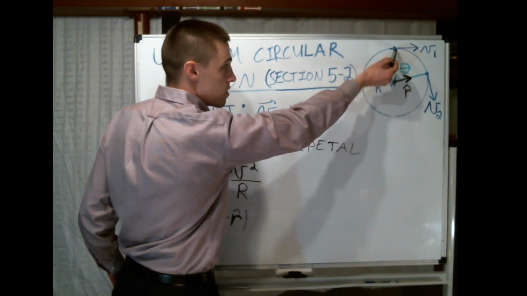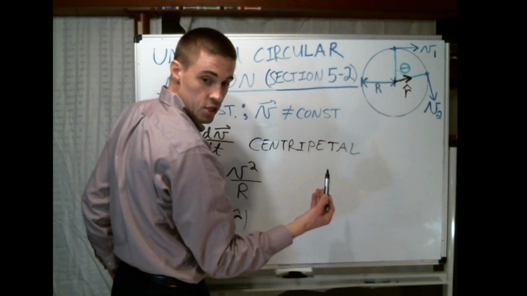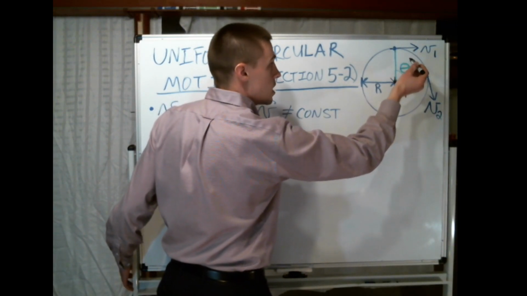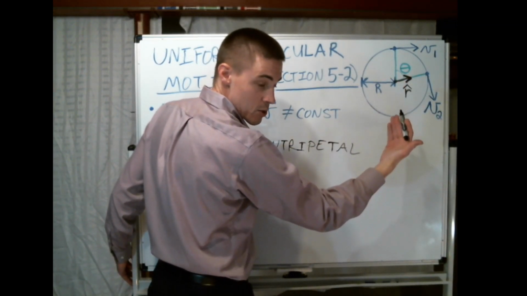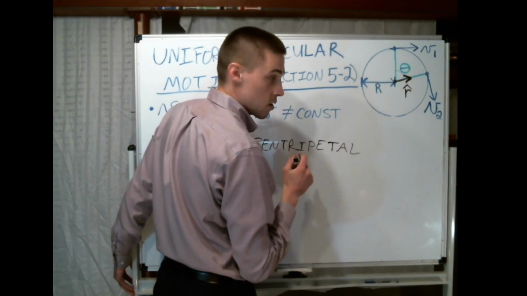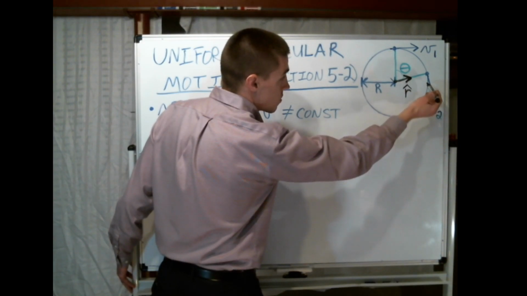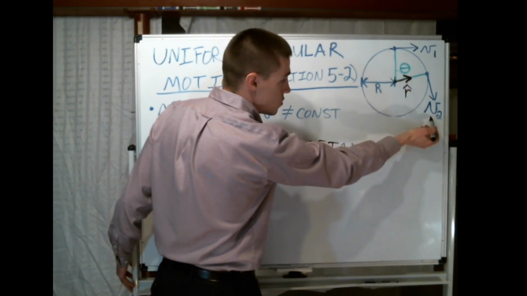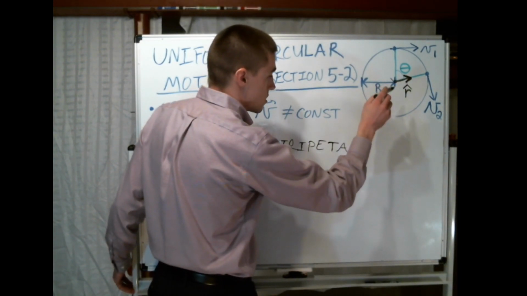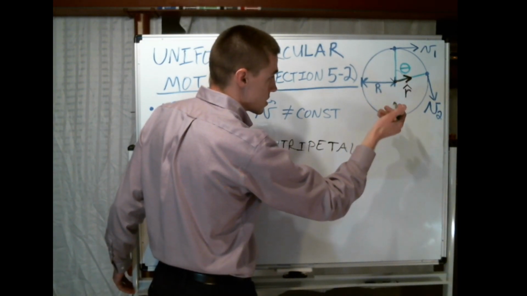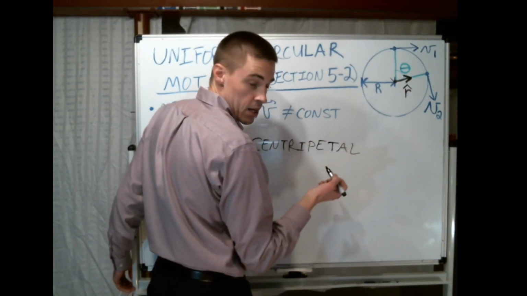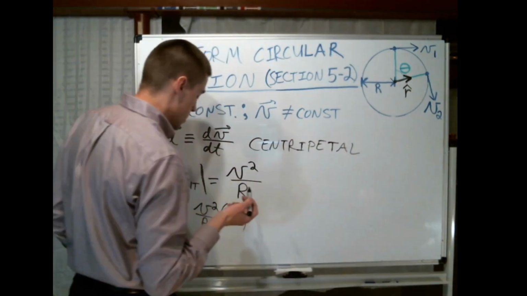Up here, the radial component of the acceleration will be v1 squared over r. Over here, the radial acceleration will be v2 squared over r. At every point, the centripetal component of the acceleration would be whatever the velocity is at that point squared divided by r, pointing in towards the center.